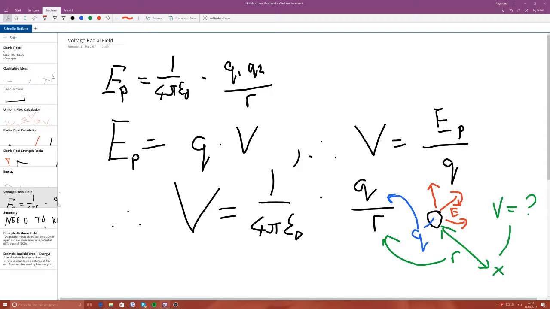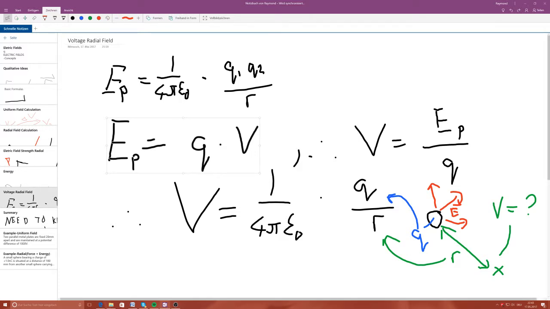Now the last point for a radial field is being able to determine the voltage. To do this, we have to refer to our recently derived or remembered formula, and then go back to our roots of electricity to E equals QV.